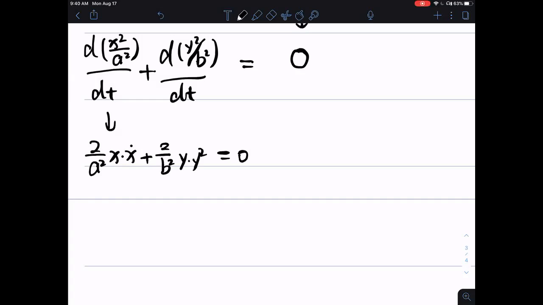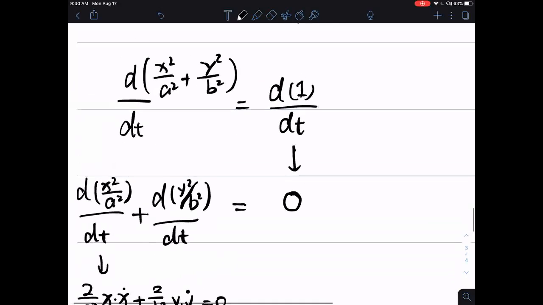Okay, oops, sorry, I made a mistake here. Y dot. All right, now we have something with x dot and y dot. We're pretty close to what we want.